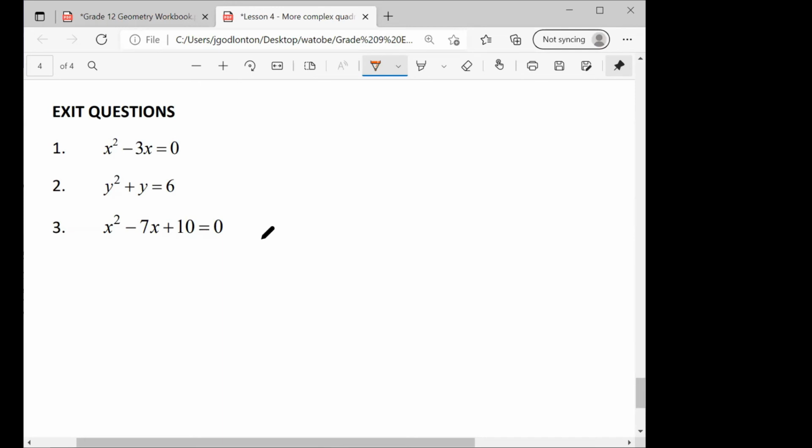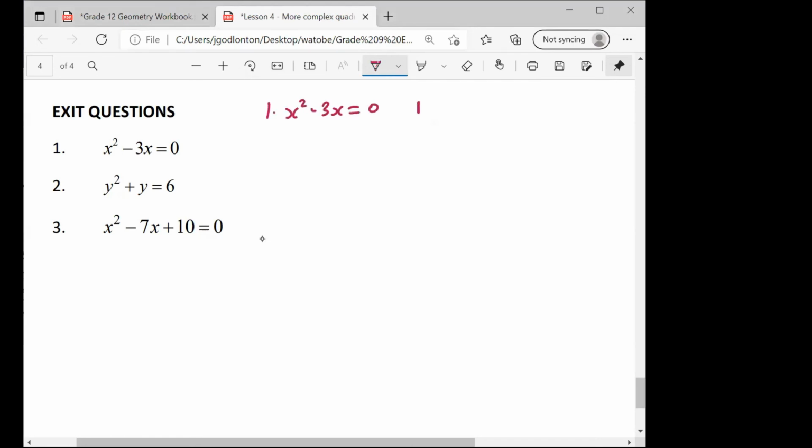Okay, I'm going to start going over just the first one, so that if you're making a mistake, I don't want it to filter all the way down to question 3. Okay, so just looking at question 1, the first thing I'm going to do is take out my highest common factor. So for question 1, I have x squared minus 3x is equal to 0.